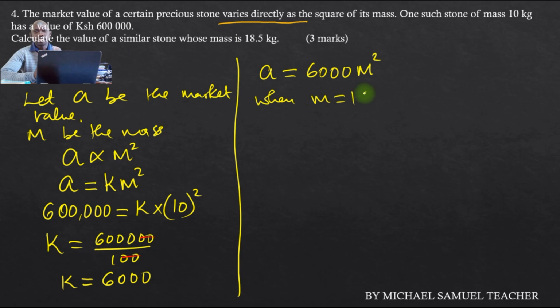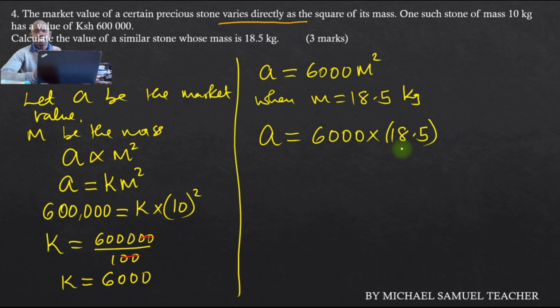m is 18.5 kilograms. So substituting into the general equation, a will be equal to 6000 times 18.5 squared. We do so, we shall end up getting 6000 multiplied by 18.5 squared, which is 342.25.